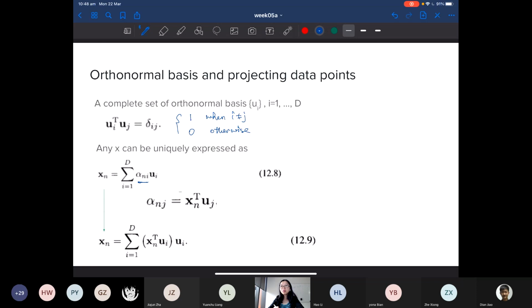At this point, you may say, why are we going in circles? What's the point of doing this? For those of you who have taken linear algebra, which I hope most of you have, this is nothing but basic linear algebra. And the geometric intuition is as follows.